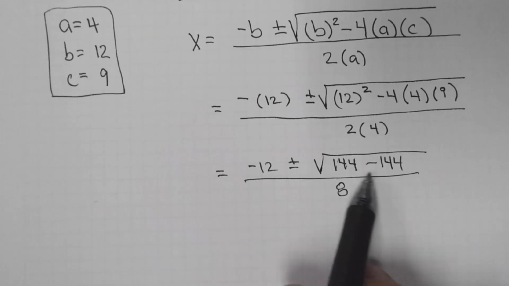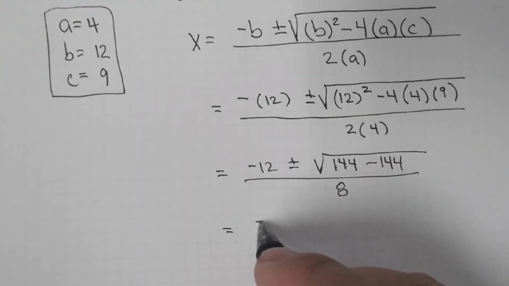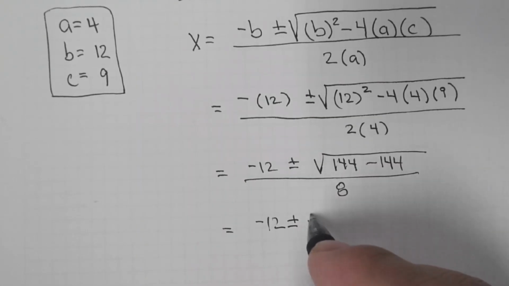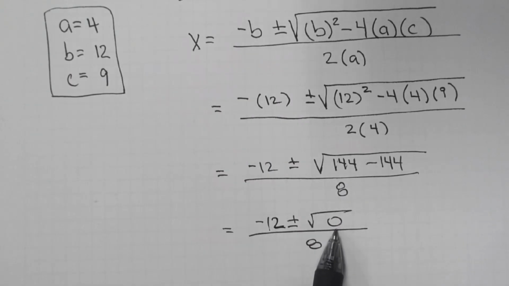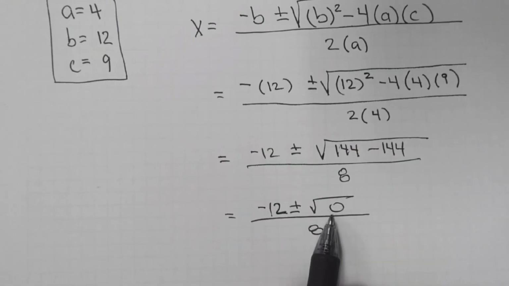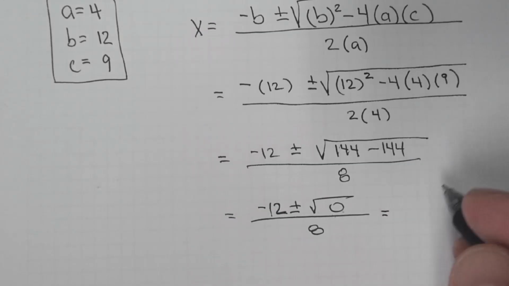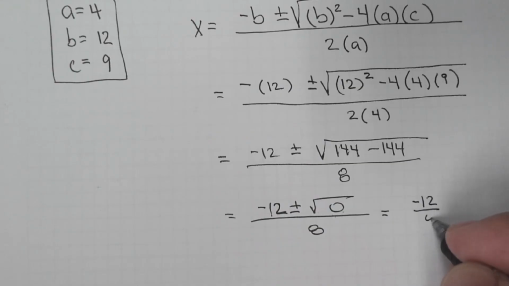Now we work on the inside. Negative 12 plus or minus the square root of 0. Well, when you look at the discriminant, remember, if the discriminant equals 0, that means there's only one solution. And that makes sense, because the square root of 0 is 0. So we really have negative 12 over 8.